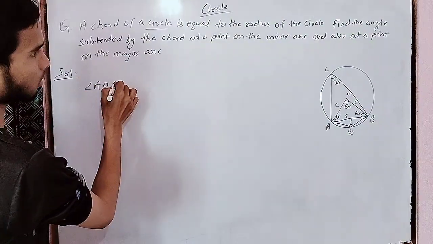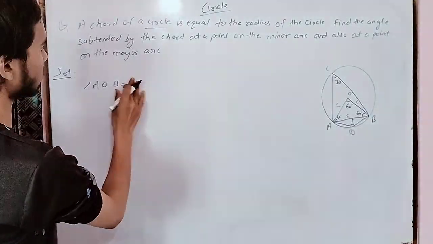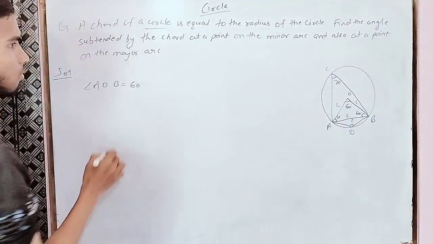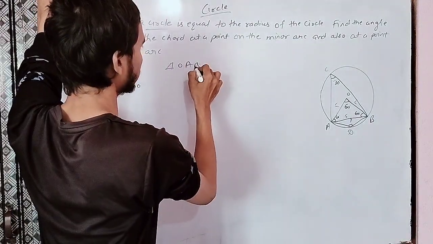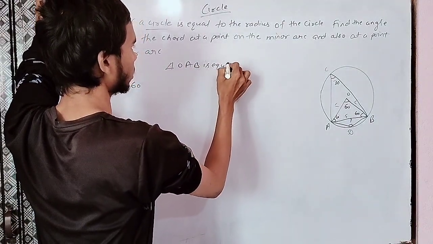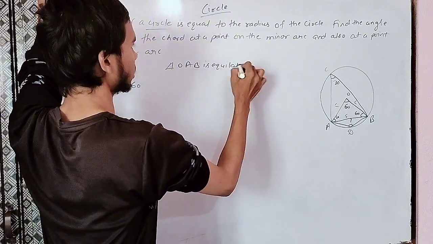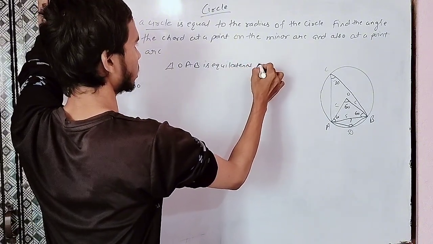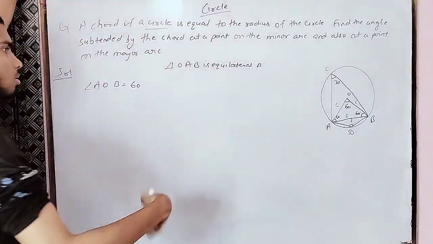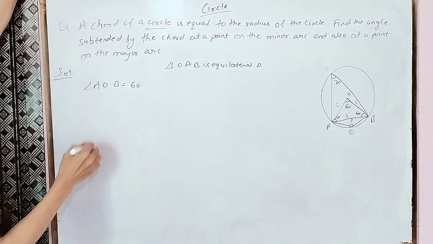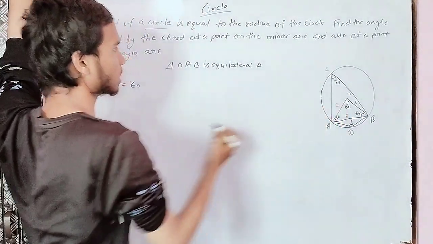angle AOB is 60. Triangle OAB is equilateral, in which this angle is forming 60 degrees.